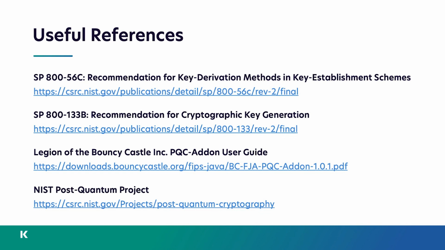There is actually a written user guide for the Legion of the Bouncy Castle add-on for PQC, and you can find that at this link here on the download site. And finally, there's the NIST Post-Quantum project, which if you're actually interested in this area, I'd very much recommend you follow, as it's got all the latest and greatest and sometimes the worst news that's come out.